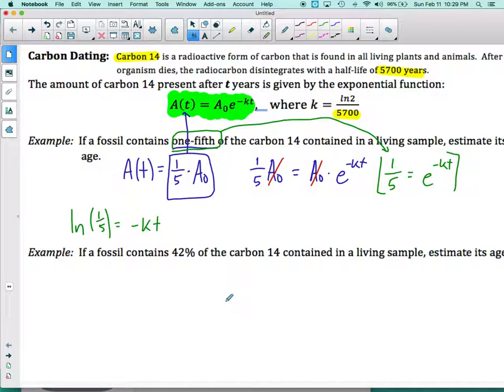And we are trying to solve for t, so I would just divide by negative k. So that means t equals the natural log of 1/5 divided by negative k. Remember, k is a number, we just don't have a value for it right now because it's this expression. But now we can take this and plug it into our calculator.